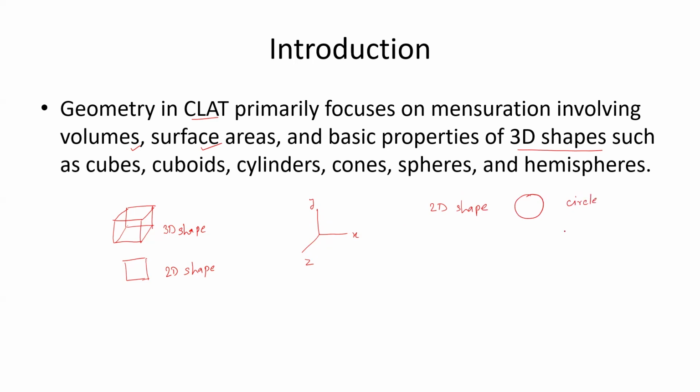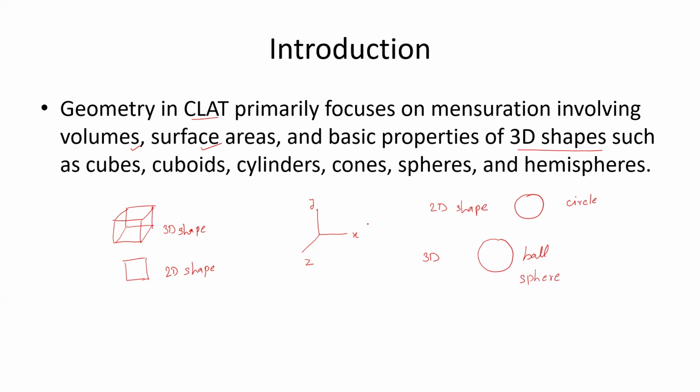But a similar thing in 3D, on paper you will draw it like this, but it is a ball. So you got it, no? A circle is just a circle, but a ball is a solid 3D object which has volume, surface area, everything. So this 3D shape is a ball, or we call it a sphere.